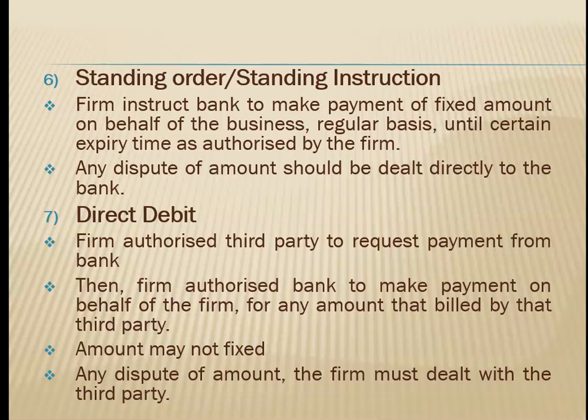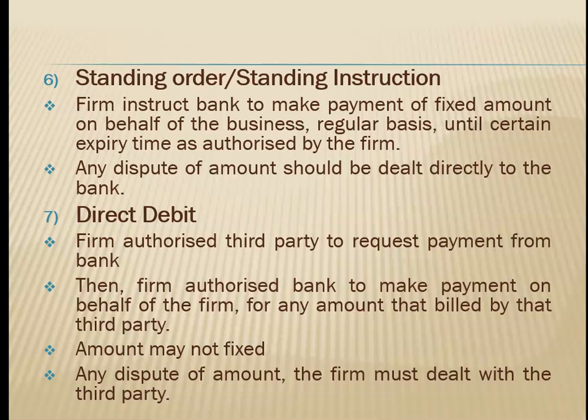The bank will not contact us whether to pay or not. They don't. So the bank will pay as has been asked by the third party, for example, just now, TNB. So they will pay at any amount they requested.